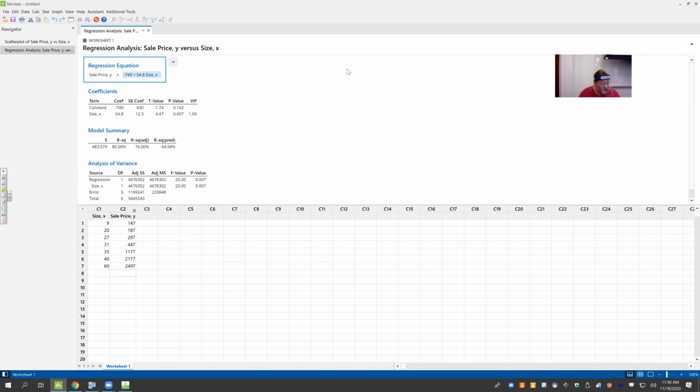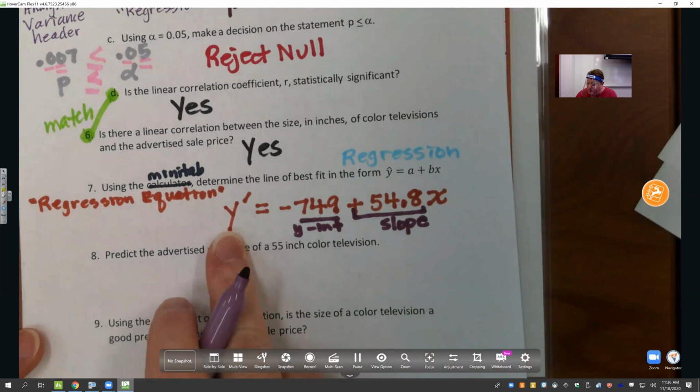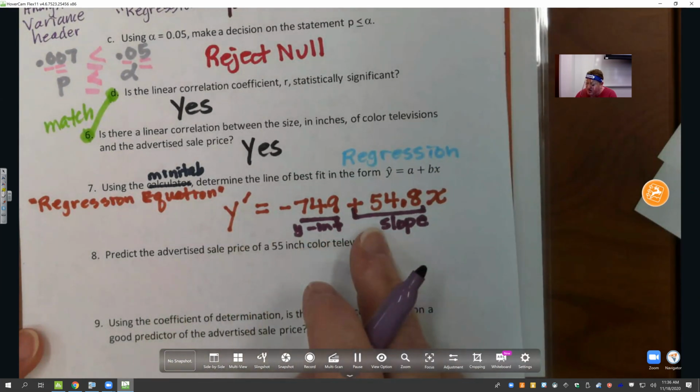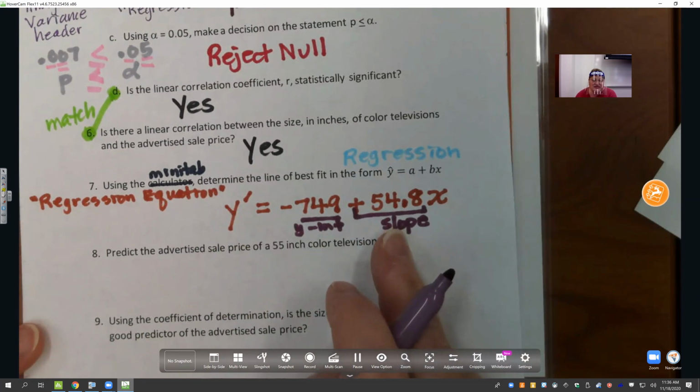Now, as a couple of little side notes here, remember this number here, the 749, is your y-intercept. The plus 54.8 is your slope. Okay, let me go back where you can see my writing. I copied it from the screen. Y prime or y hat equals negative 749 plus 54.8, which is my slope.